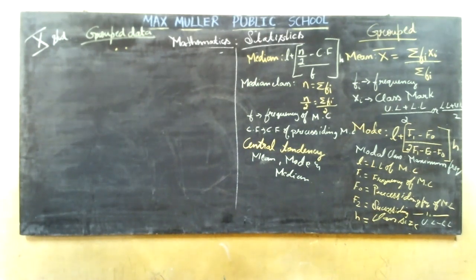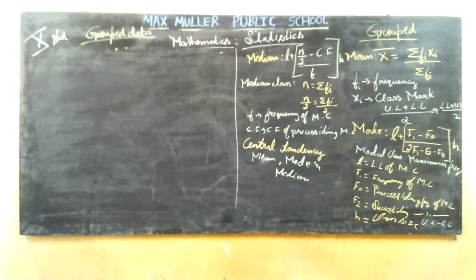Coming to the first one, in your exercise 3.3, the following frequency distribution table is given for the monthly consumption of electricity of 68 customers of a locality. Find the mean, mode, and median for the given data and compare them.